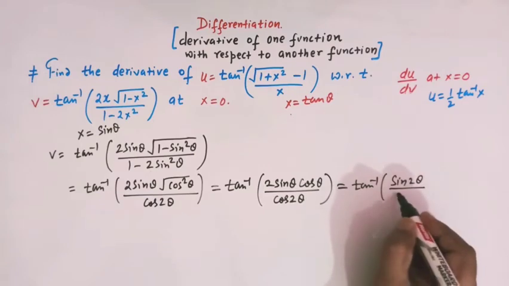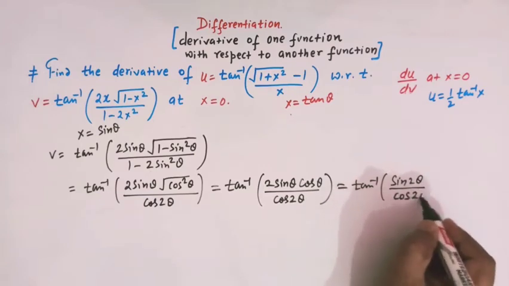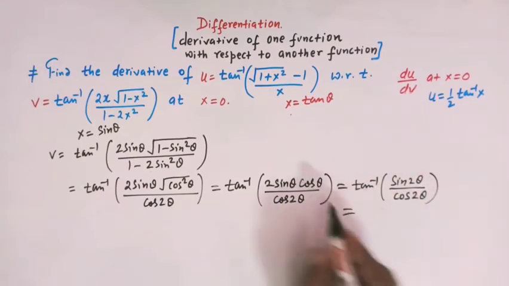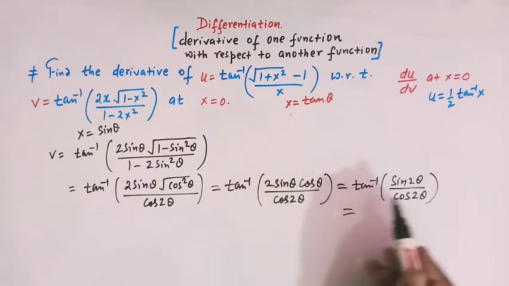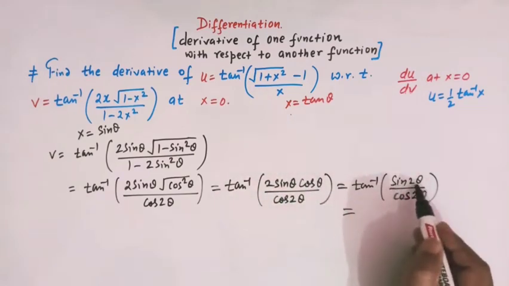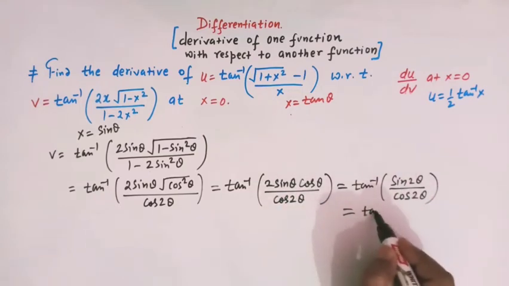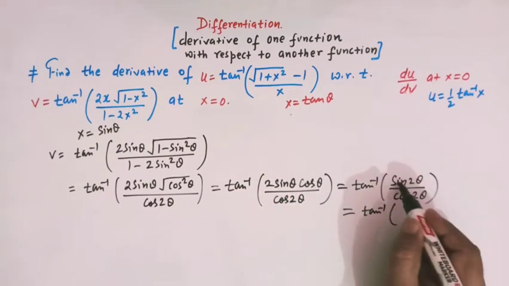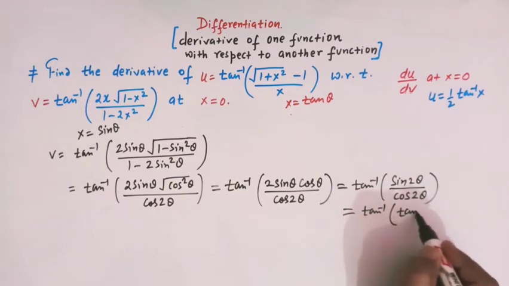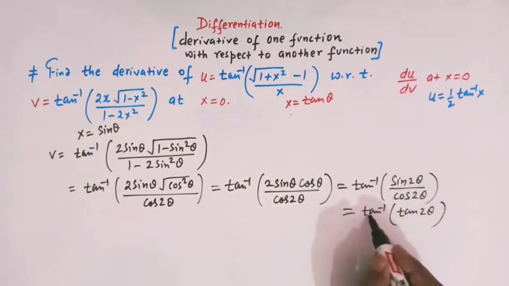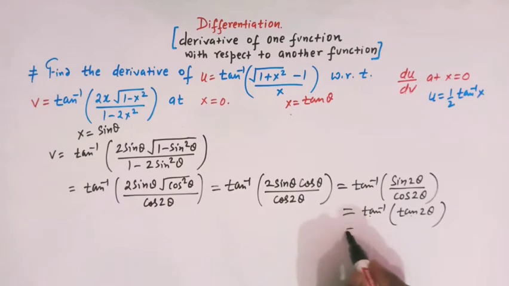And here we have cos of 2 theta, right? Because this is again an identity, that is sine 2 theta is 2 sine theta cos theta, and here tan inverse, and sine over cos is tan, so we have tan 2 theta, and again these two get cancelled and we are left with 2 theta, right?